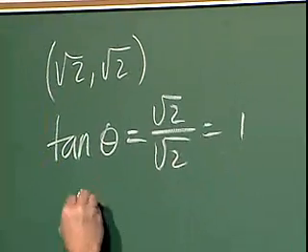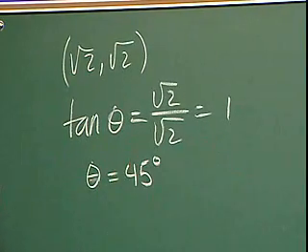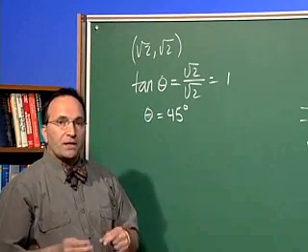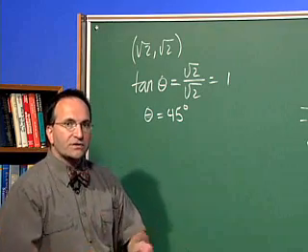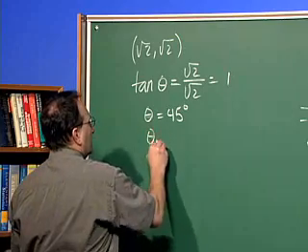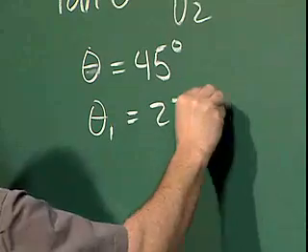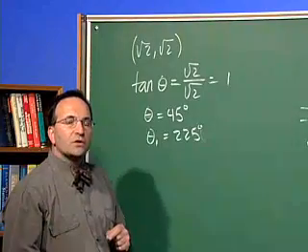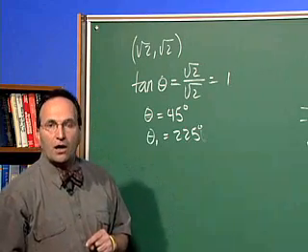Therefore, theta can equal 45 degrees, but because we want it anywhere between 0 and 360, we could also use that theta is equal to 225 degrees. I choose that for a particular reason, which I'll come back to when we form our polar coordinate points, but now we need to find r.